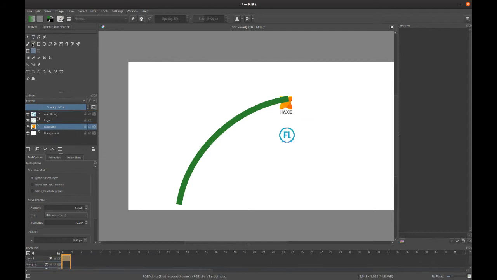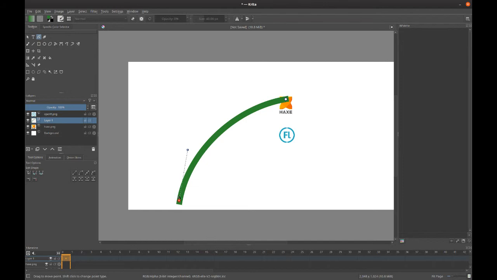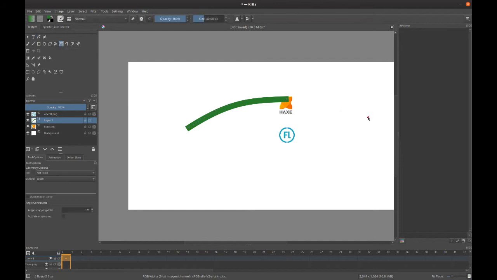We have two images. And everything for the Hacks image starts over there and moves in and makes a thing. And everything for the OpenFL image starts over here and moves in and makes that.